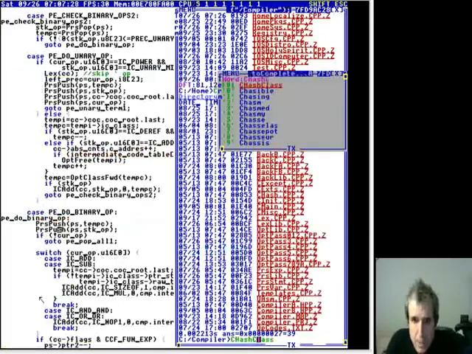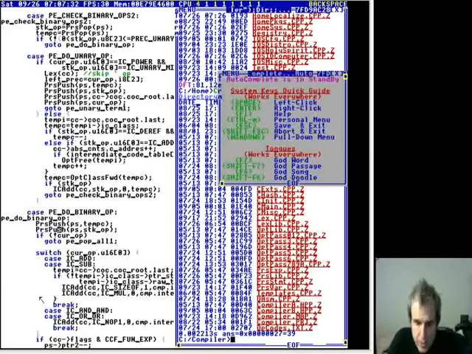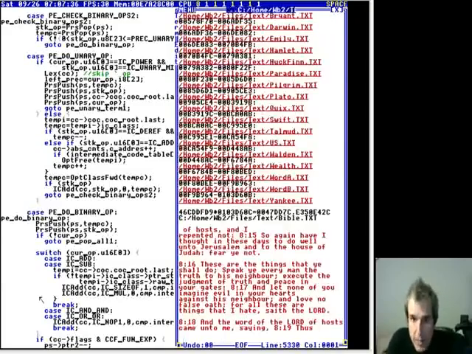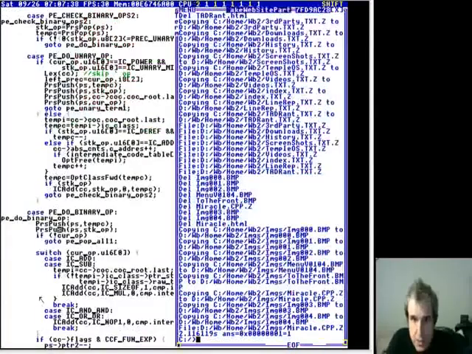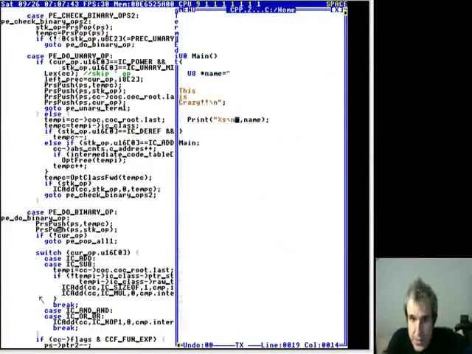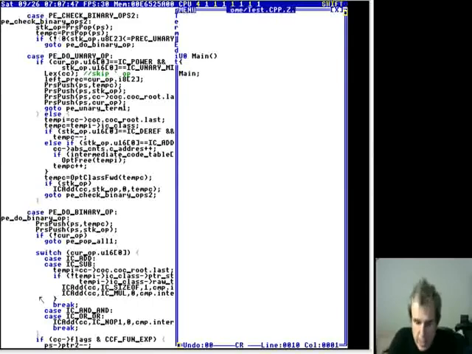Now, the way I handle pointers: the way the compiler handles classes is there's a structure with five copies of the class structure.